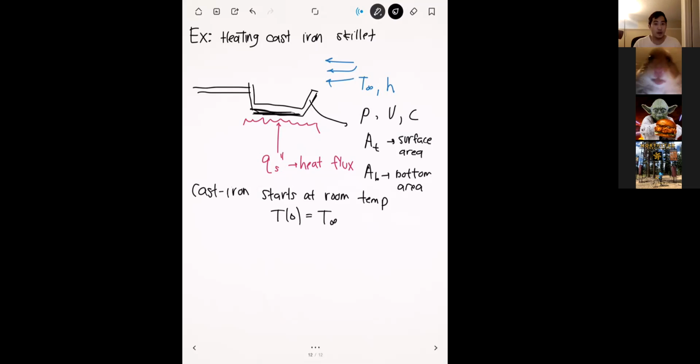Our initial condition here is that T of 0 is equal to T infinity. The first thing we're going to do in this problem is use our lump capacitance method to solve for the time evolution of temperature.